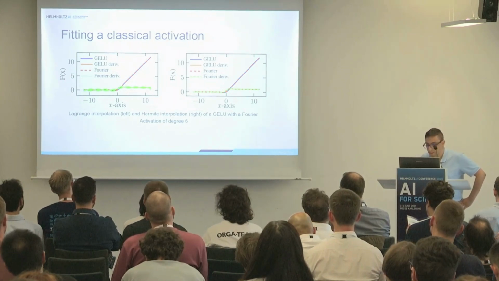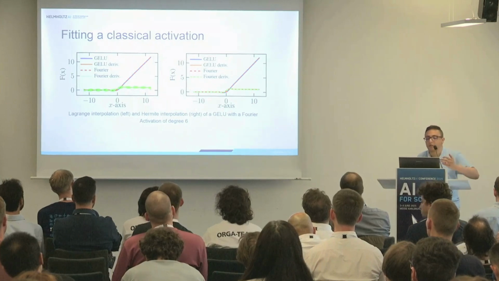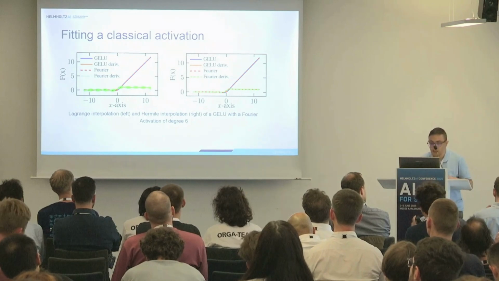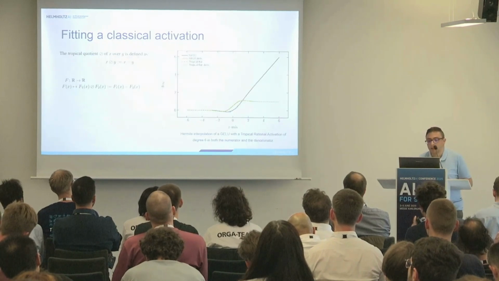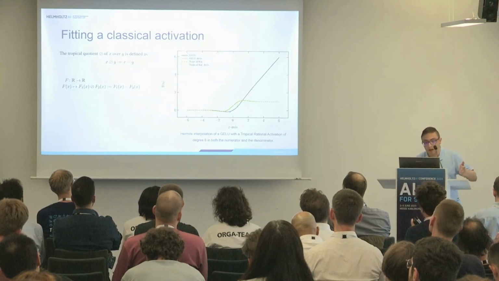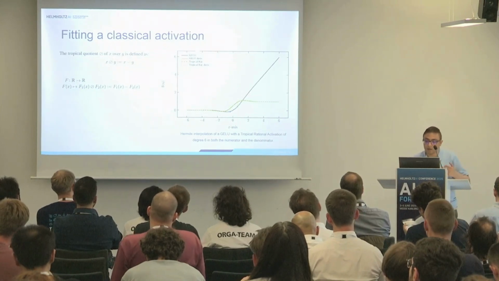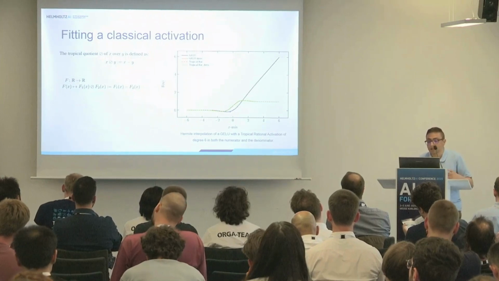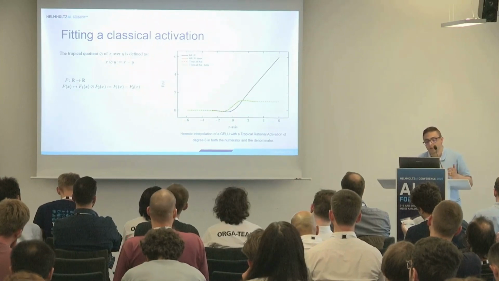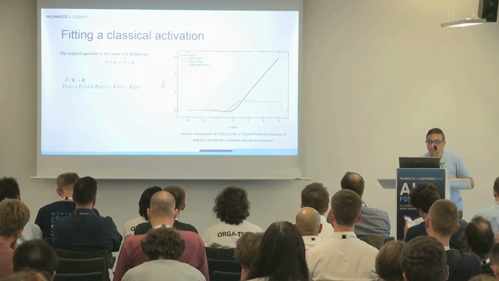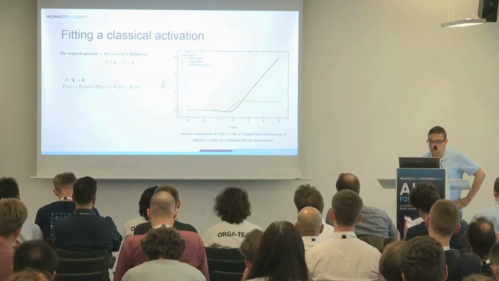But if you fit the function and its derivative, which is called a Hermite interpolation, everything goes well. And finally, for the tropical activation, in general they are convex, so you cannot fit non-convex functions, but if you extend to tropical rational functions, with the tropical rational quotient, then you could fit anything as well.